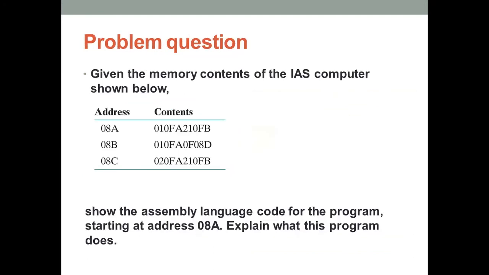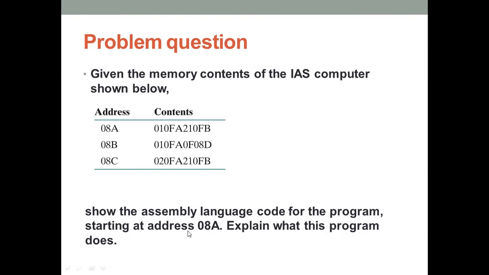Okay, so here is the main problem question. Given the memory contents of the IAS computer shown below, so here we have address and contents, and the question is, show the assembly language code for the program starting at address 08A and explain what this program does.